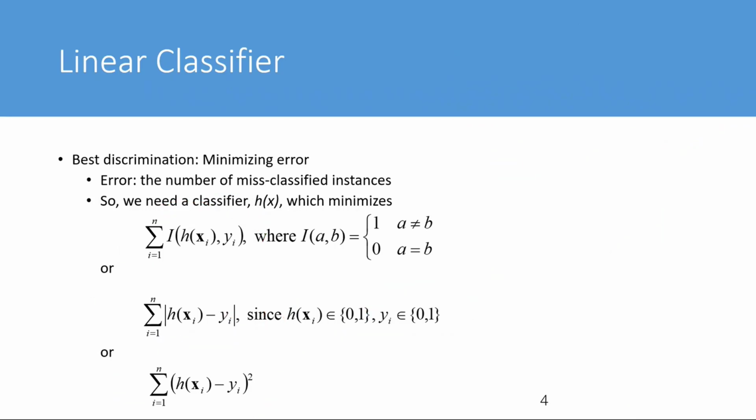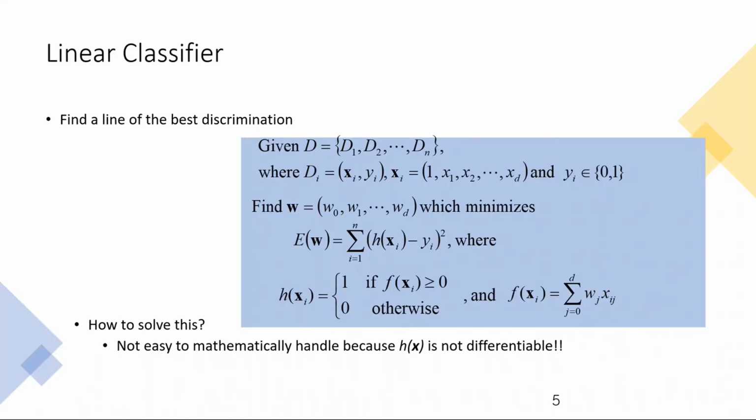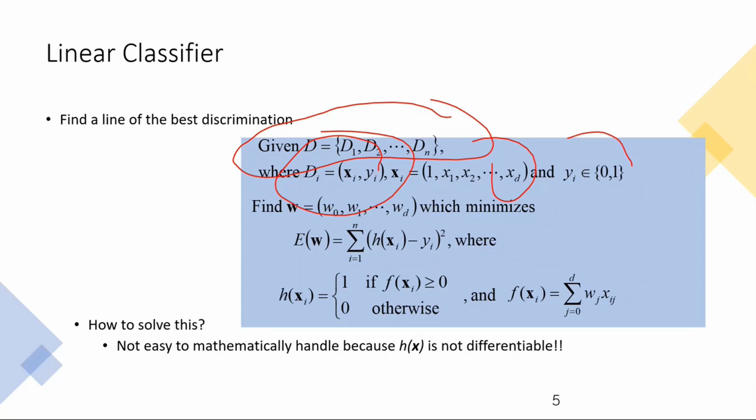ठीक है, चले आते हैं आगे इसमें. So a linear classifier means find a line of the best discrimination. For that, you have data points, same as previously in linear regression, where data is represented by xi and yi, where xi is d-dimensional and the y label is any value between 0 and 1, including that. So our aim is to find the W's.